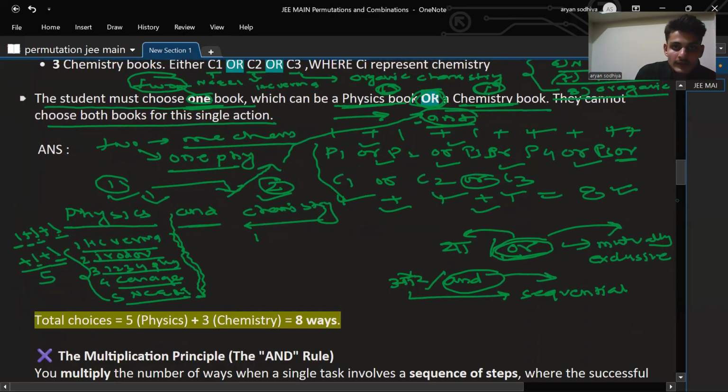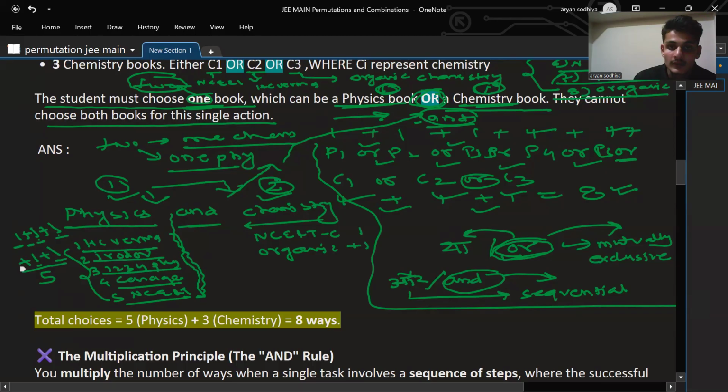We are discussing here one. You can either select the NCERT of chemistry or organic, so "or" is coming. So these are mutually exclusive: one plus one plus one.